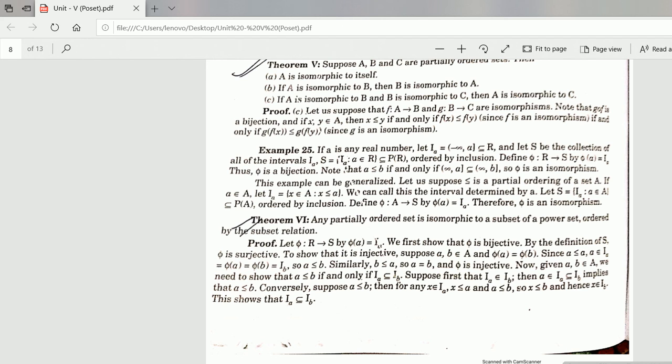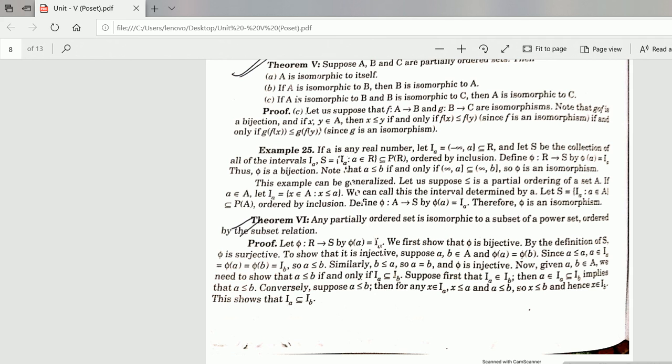One more theorem is here. Any partially ordered set is isomorphic to a subset of a power set ordered by the subset relation. Let phi be a function from R to S by phi(a) equal to I(a). We first show that phi is bijective. By the definition of S, phi is surjective.